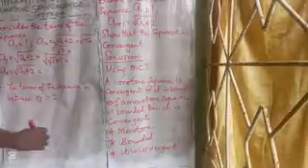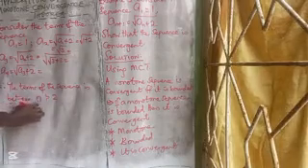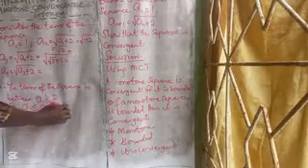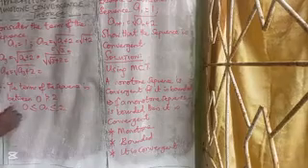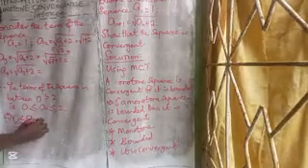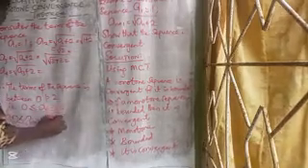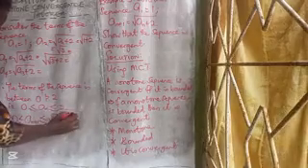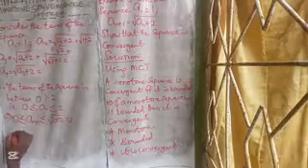Therefore, we can see that the terms of the sequence are between 0 and 2. That is, 0 is less than or equal to a sub n, less than or equal to 2. This implies that 0 is less than or equal to a sub n plus 1, which is less than or equal to what? Since a sub n is less than or equal to 2, that is the square root of 2 plus 2, and that is, therefore, 0 is less than or equal to a sub n plus 1, which is also less than or equal to 2.